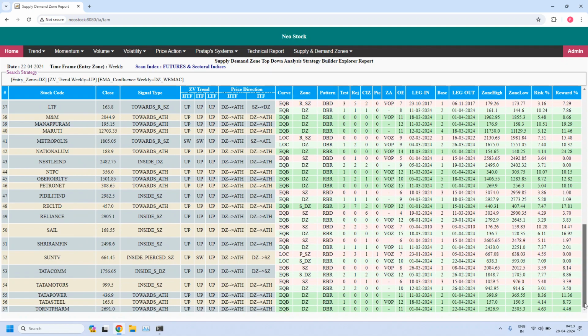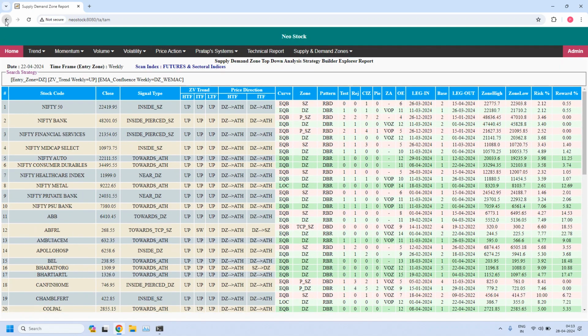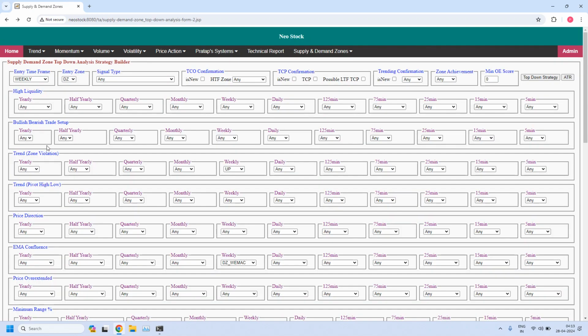What we do now is a stable trend verification. Not only zone violation, even pivot high low: higher highs and higher lows should be there for the weekly trend. That also should be an uptrend. Both trends are supported, and we want only such stocks.